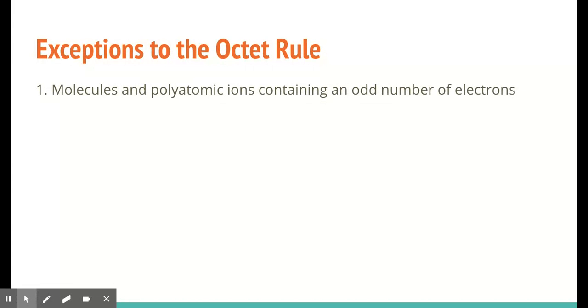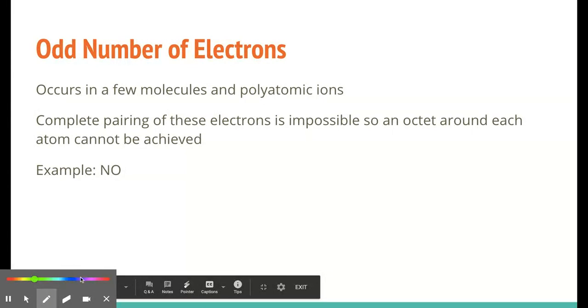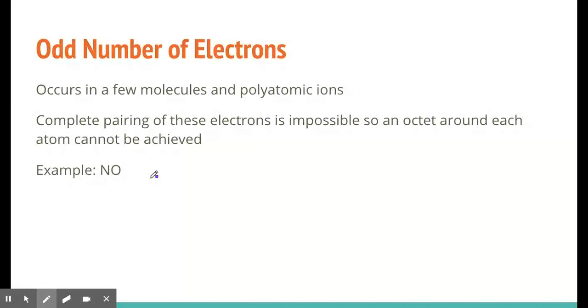This occurs in a few molecules and polyatomic ions. Complete pairing of the electrons is impossible because you have an odd number, so an octet around each atom simply cannot be achieved. So let's look at NO.